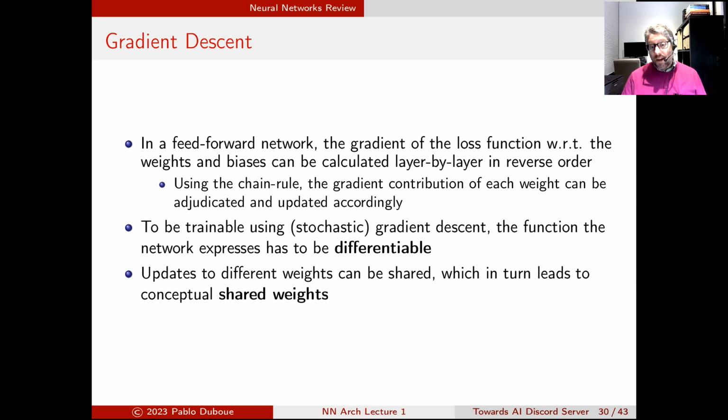And this can be trained using stochastic gradient descent, given that the function that the network expresses is differentiable. And also, we can fix that certain weights in the network always receive the same updates. That in turn leads to these weights being conceptually like shared weights, because they always have the same value, which is also a very important architectural decision, whether some weights are independent or they are fixed to the same value.